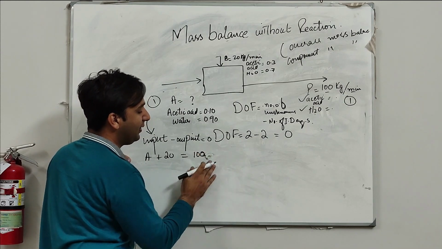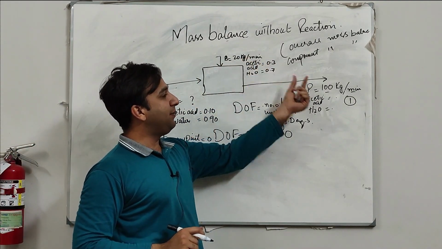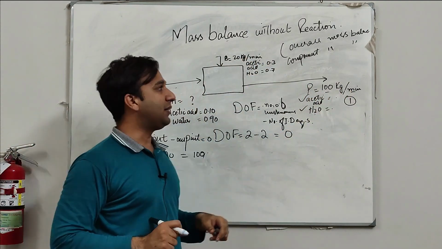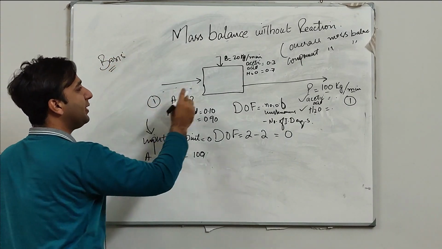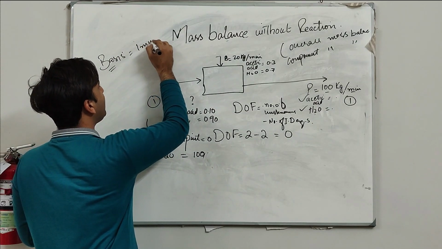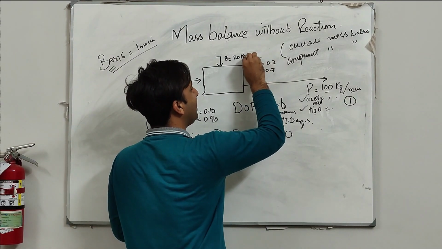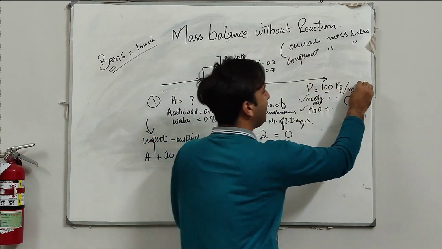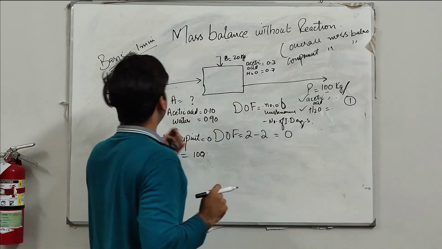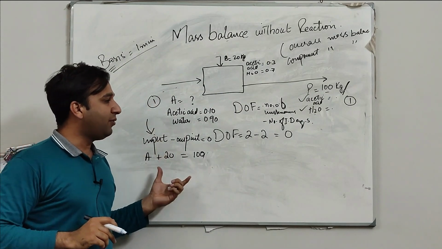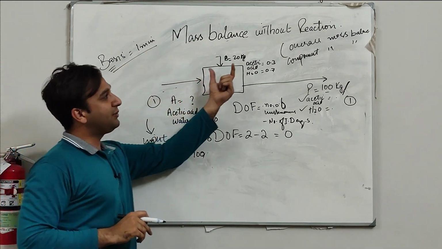Now I had forgotten one thing. Here is 20 kg per minute, and here is 100 kgs per minute, so you can easily take a basis of 1 minute. Then you don't have to write 1 minute in every place. After you solve the problem, you can say that all flow rates are per minute. But the bases must be the same.